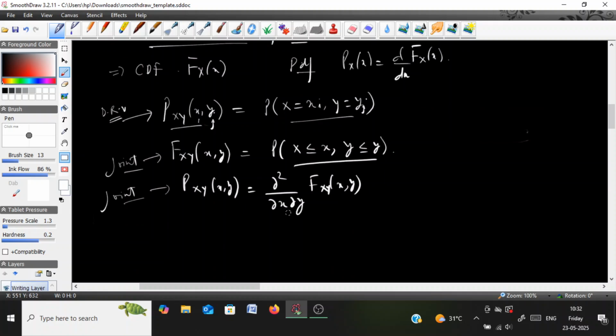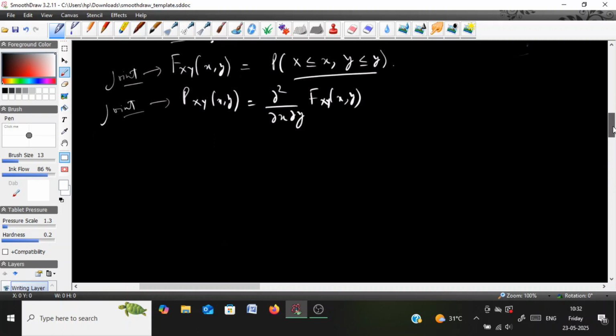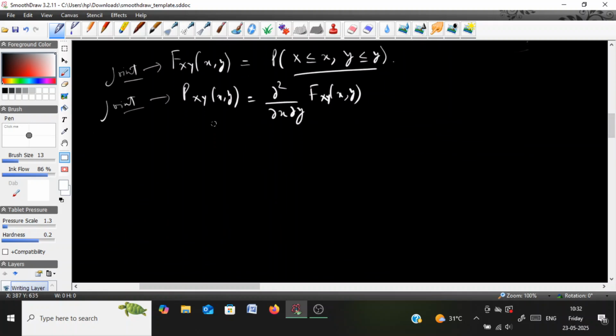Okay. Likewise, you can also define the conditional probabilities for the joint random variables using the same probability rule.